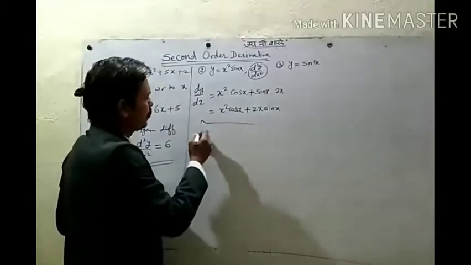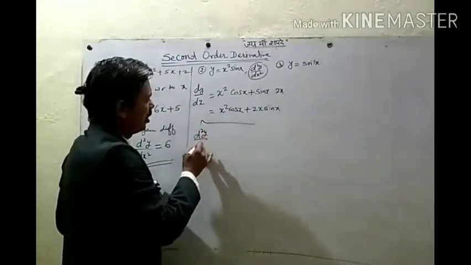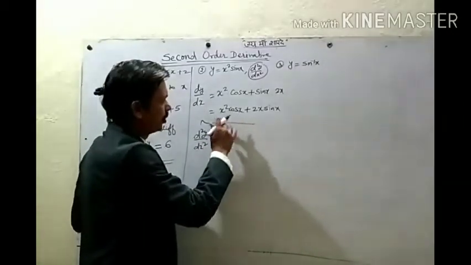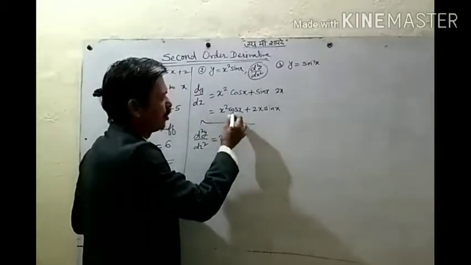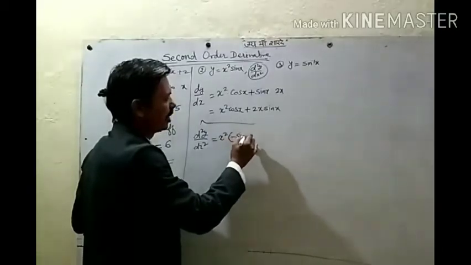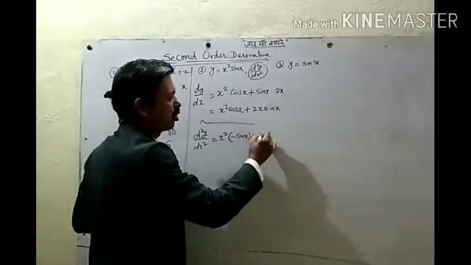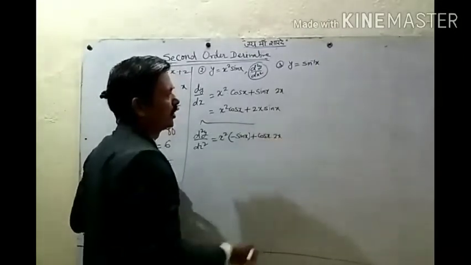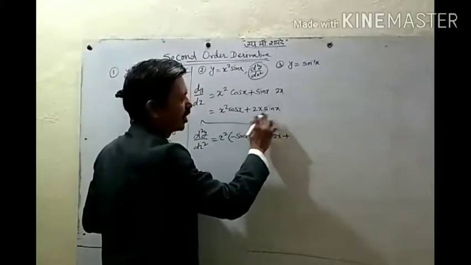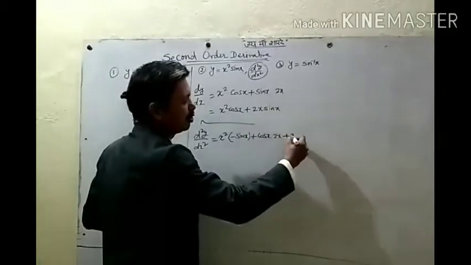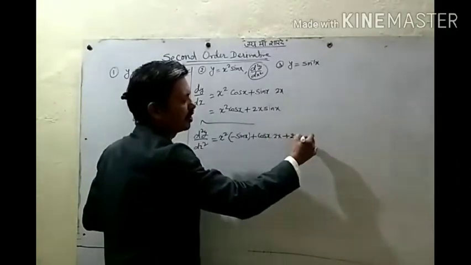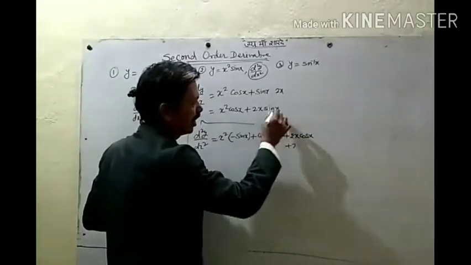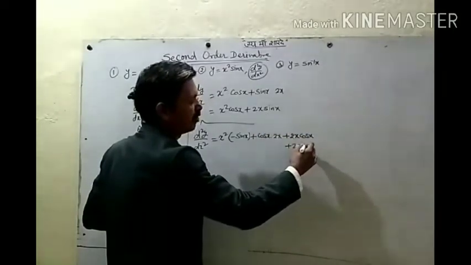Again differentiating, we get d2y by dx square. Now here again the product rule. So x square as it is, derivative of cos x is minus sin x, plus cos x as it is, derivative of x square is 2x. Plus here again two functions: 2x as it is, derivative of sin x is cos x, plus sin x as it is, and derivative of 2x is 2.